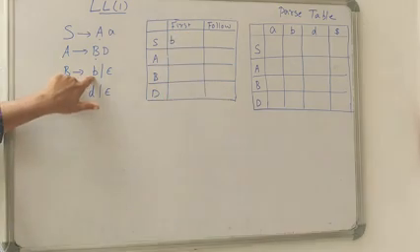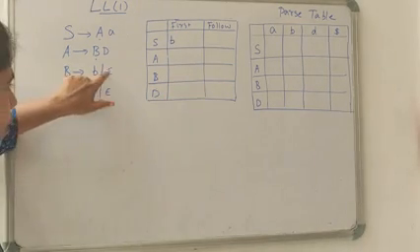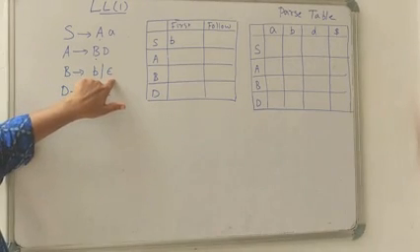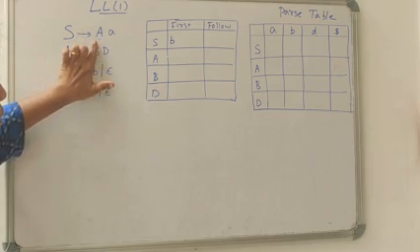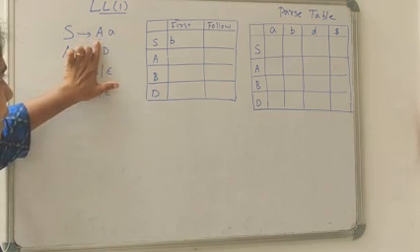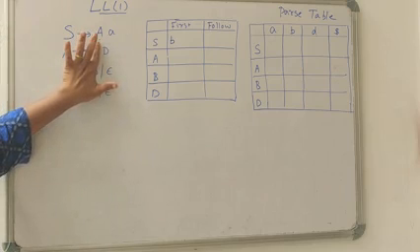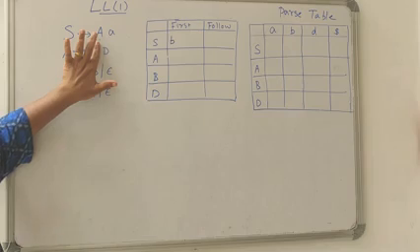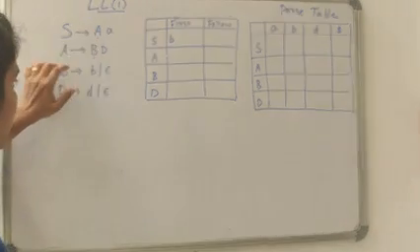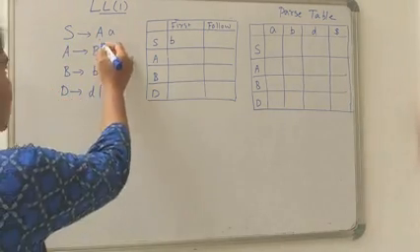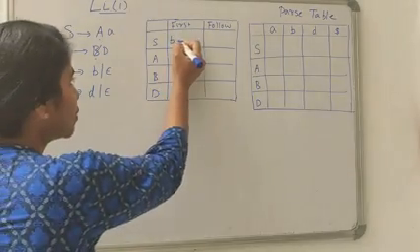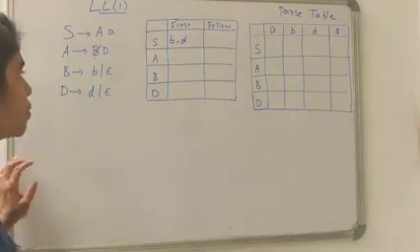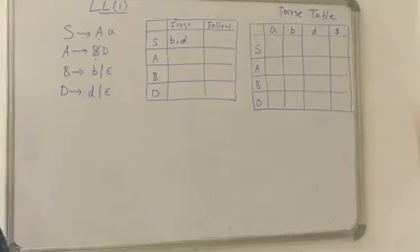You can take b. Then b or epsilon. There is another option. Epsilon is also there. So you can replace this B using epsilon. Epsilon means nothing. When you replace B with epsilon, there remains D. So you need to take the first of D. And first of D is d or epsilon. So d comes in first of S. And epsilon is also there.